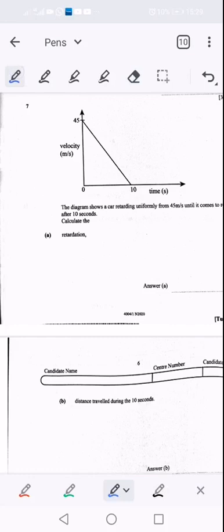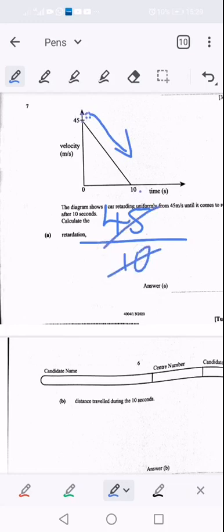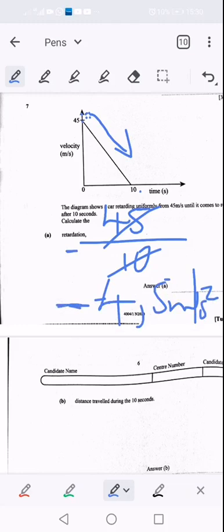You can take the 45, the velocity at the start, over the time 10, which gives 4.5 meters per square second. But since it is retardation you put a minus, because retardation is negative acceleration. If you are finding acceleration you do the same but you don't put the negative. So use whichever method you are used to.